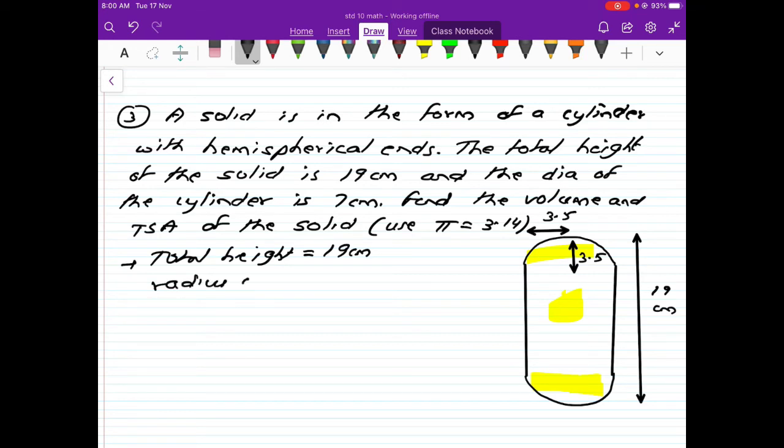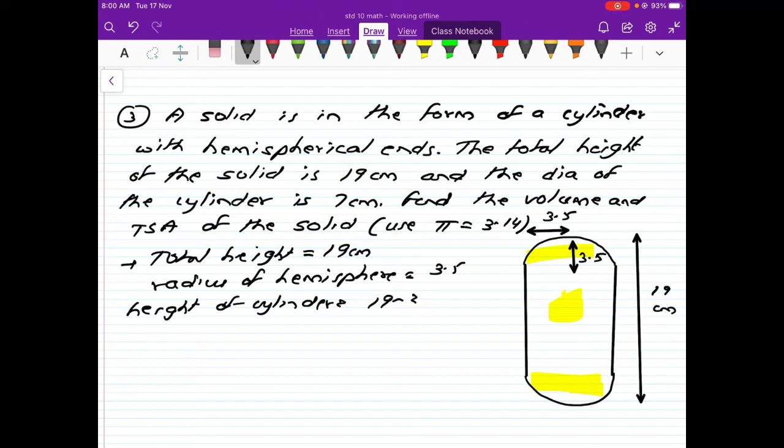Radius also becomes the height of the hemisphere, and that is given to us as 3.5. So the height of the cylinder is the difference between the two. Height of the cylinder will be 19 minus 3.5, two times we have to take, because top and bottom both. So I will write this as 19 minus 2 into 3.5, so this becomes 12 centimeter.